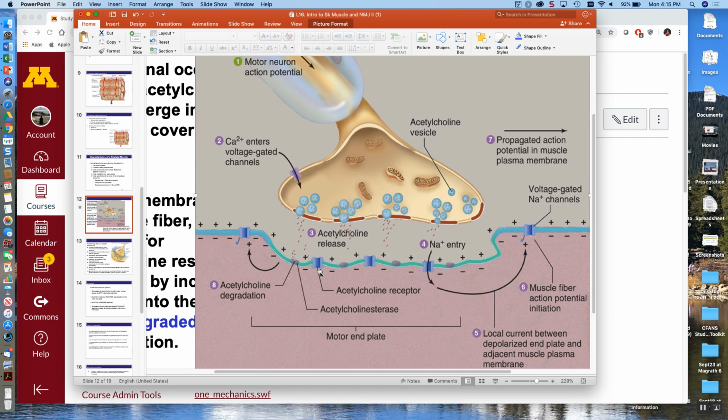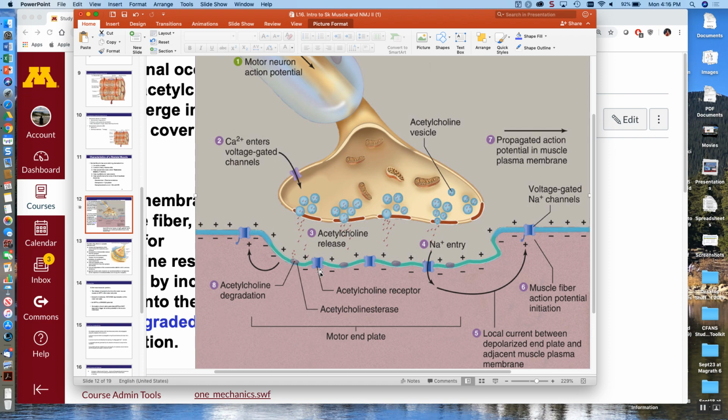Right? That's going to depolarize the end plate, and all you need is a slight depolarization to trigger the voltage-gated sodium channels on the sarcolemma. Right? Okay? So that just needs to radiate out, and then you're going to get an action potential along the sarcolemma.